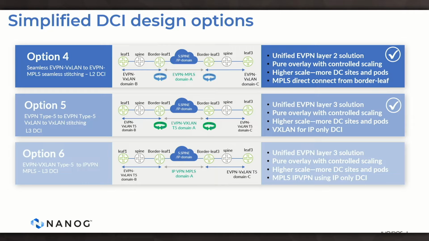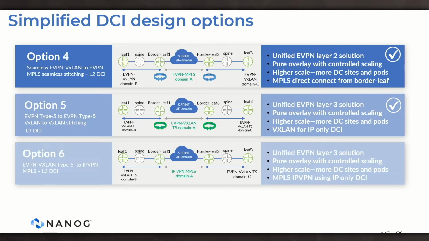And then we have option 5. Whenever you don't care about L2, you may have that situation where people say, I'm good enough with IP only, right? So in this case, you are deploying an IP VPN type of approach using just VXLAN as a transport.